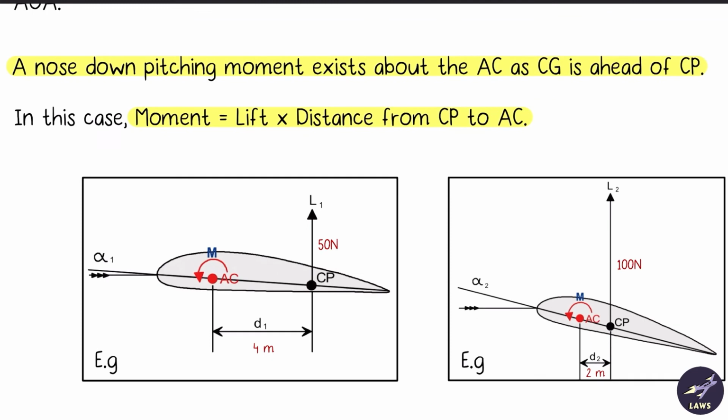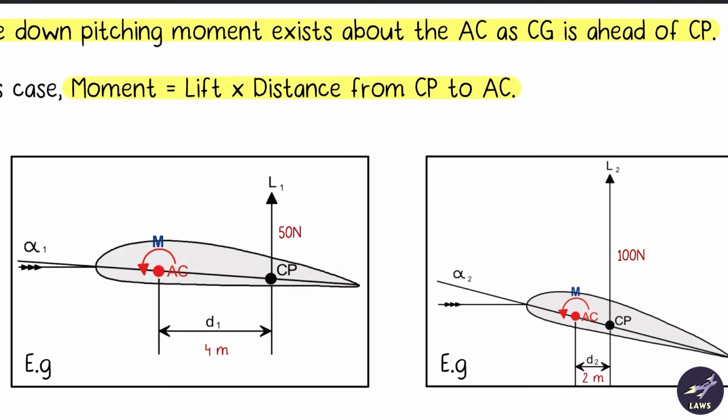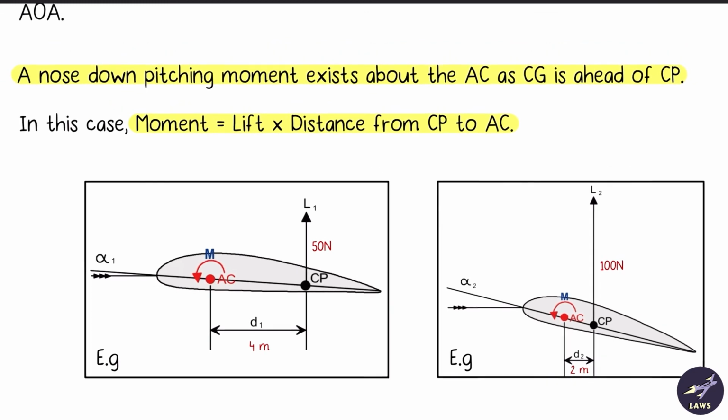So we have two examples here. In the first one, lift is 50 and the distance between them is 4 meters. So overall you will get a moment of 200. Similarly here, the lift is 100 newtons and the distance is 2 meters. Again, the answer will be 200.